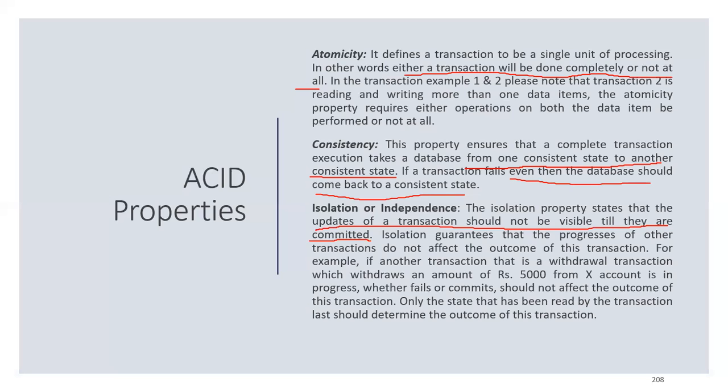Slowly we will discuss ACID properties with an example. But today, try to understand what is atomicity, consistency, isolation or independence, and durability. What is meant by durability? This property ensures that the data remains in a consistent state even after the failure.